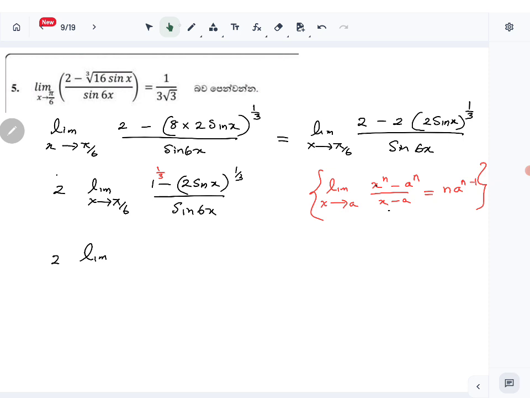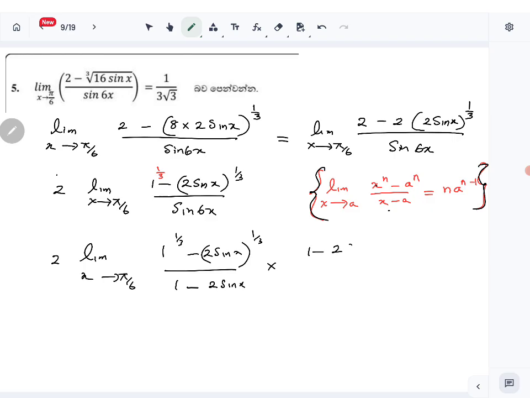Divide and multiply both the numerator and the denominator by the same term. So I want to get this form. Once I have this form, I can use it. I will divide this by 1 minus 2 sine x. Then I have to cancel that, no? So I have to multiply the numerator by that same term. And here sine 6x. Right.